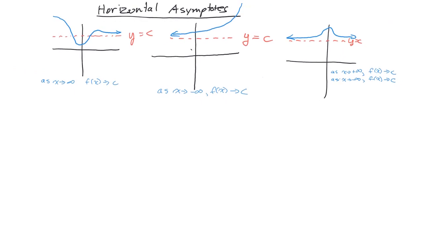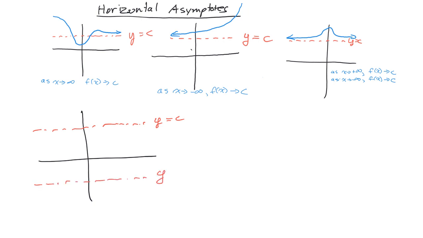Now the last graph that you'll see is something that looks like this for our problems today. You might have one where you have your horizontal line, y is equal to c, but our graph has another horizontal asymptote, a second one. So this is y is equal to, say, k.